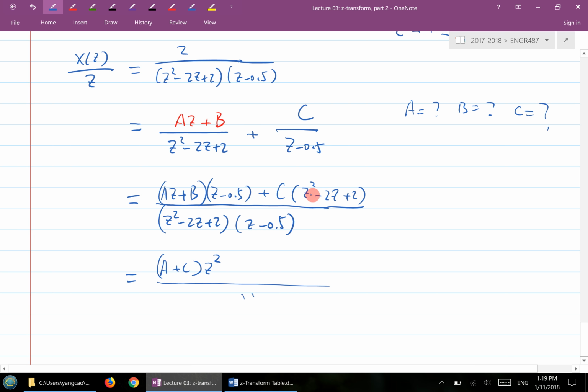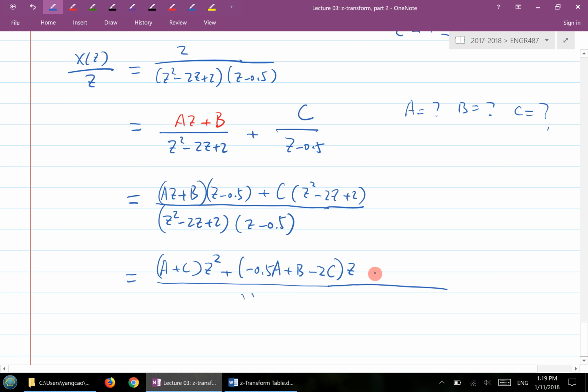If you do the rest, for the z term there are a few more terms: there's b times z, there's negative 0.5 times a times z, so there are a number of terms to add together for the coefficient of z.